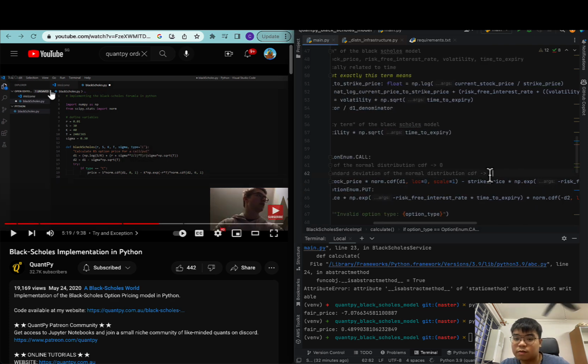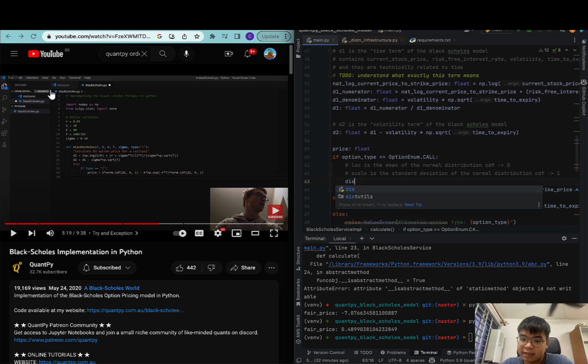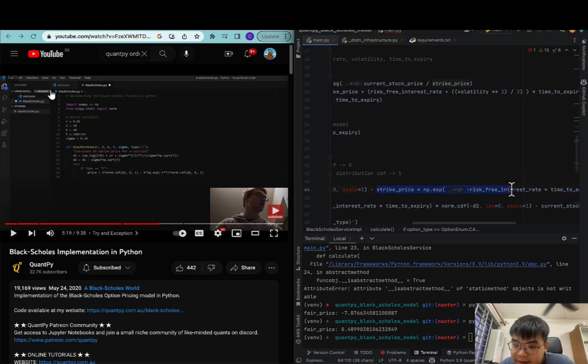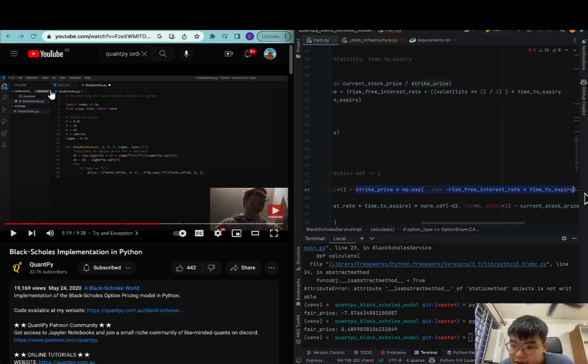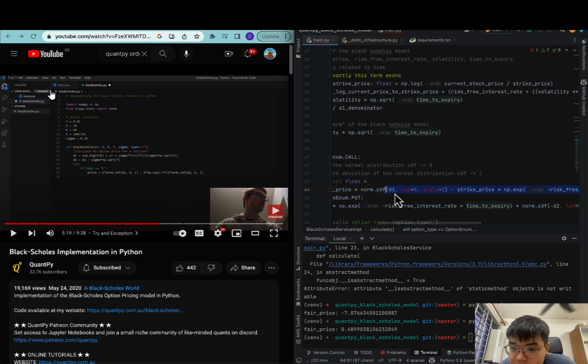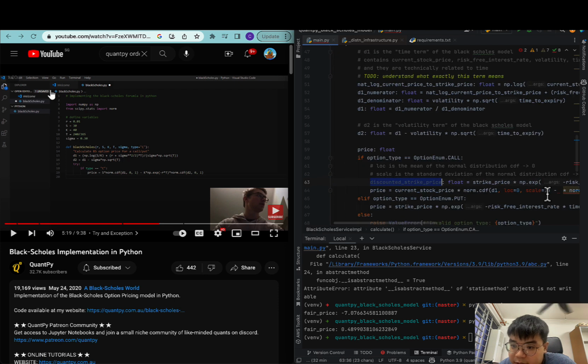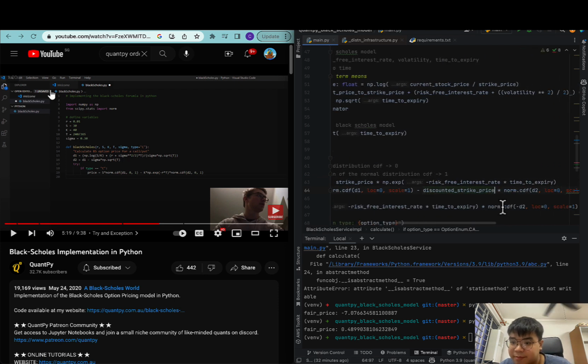Okay, so discounted strike price is equals to the strike price multiplied by the exponential of the risk-free interest rate multiplied by time to expiry. So this hopefully makes it more readable.